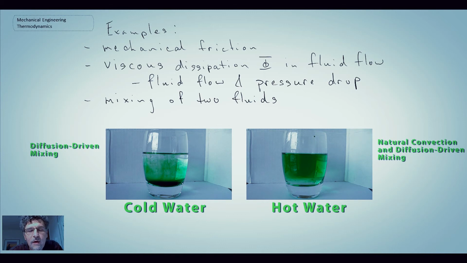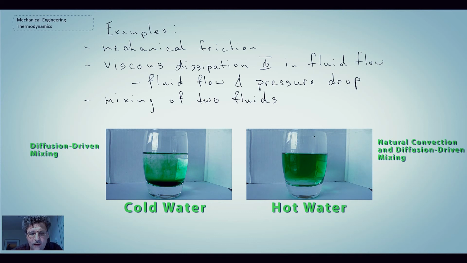The example on the right-hand side with the hotter temperature fluid, what we saw there was a mix between natural convective currents in the heated water, as well as the diffusion of the two species mixture.